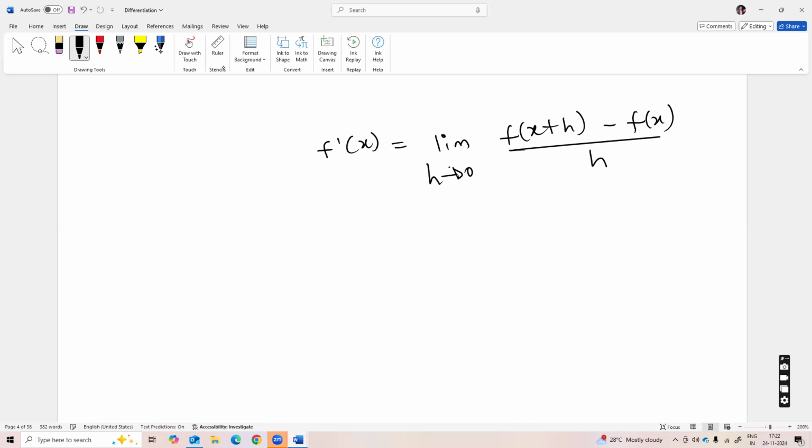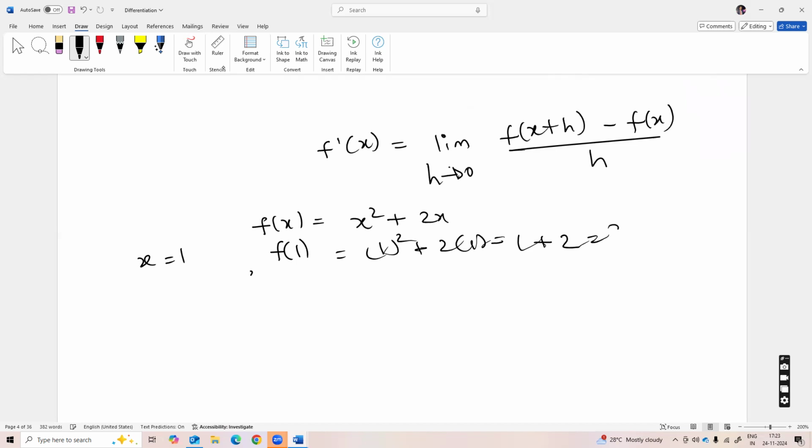In this case, if you have a function f of x equal to x square plus 2x, and I told you to find the value of this function at x equal to 1, you will get f of 1 equal to 1 square plus 2 into 1, that is 1 plus 2 equal to 3.